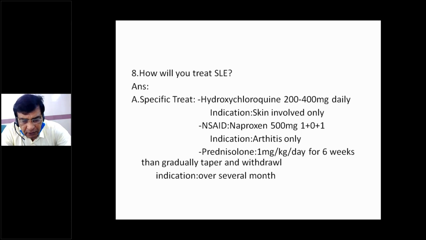Indication: it is given in case of vital organ involvement like kidney, brain, lungs, heart. So when vital organs are involved, then prednisolone is given.